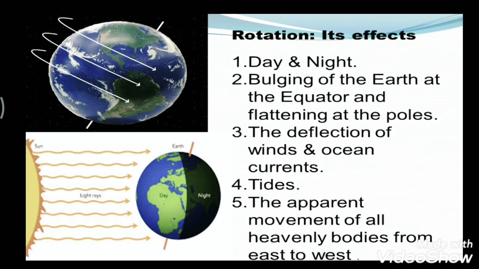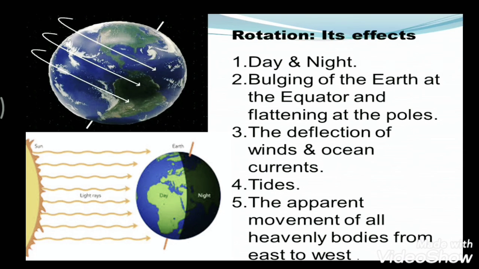Okay, and lastly the apparent movement of all heavenly bodies from east to west. So that means the sun appears to rise in the east and set in the west. So this apparent movement of all heavenly bodies from east to west also happens due to the rotation of the earth.